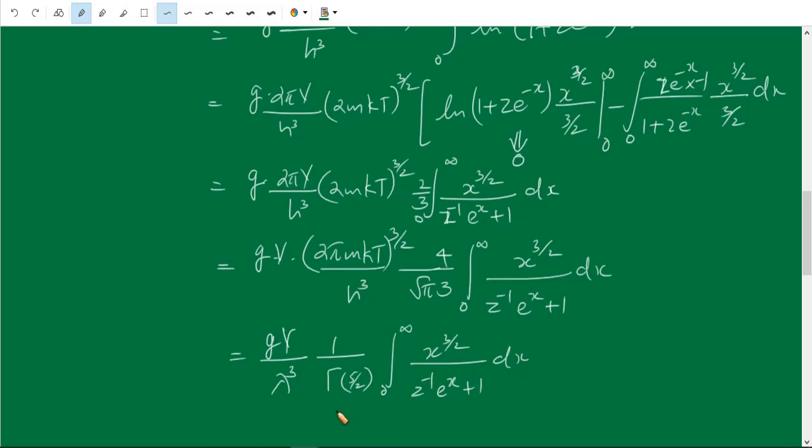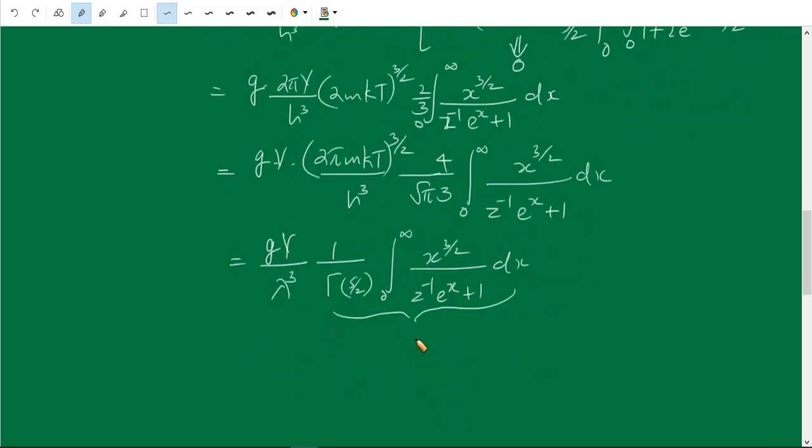Okay, so this quantity is called f 5 by 2 of z. So this is the Fermi-Dirac function.